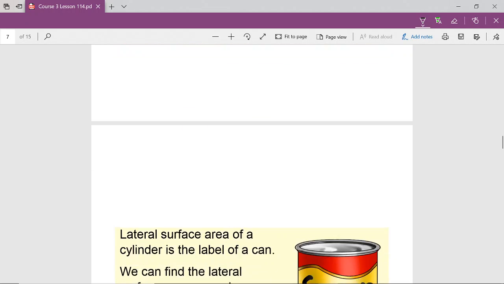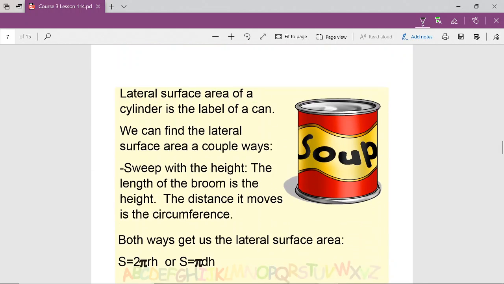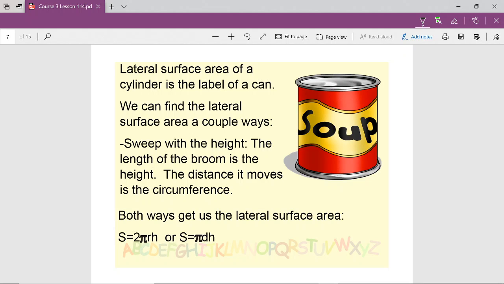The other way to think about it for this cylinder is if I had a broom that was actually the height of this can, here's my broom, and I would go around the can like this, sweeping all the way around, which in this case means that the width of my broom is the height of this can, and I'm sweeping around it, so the distance that it moves is actually the circumference.